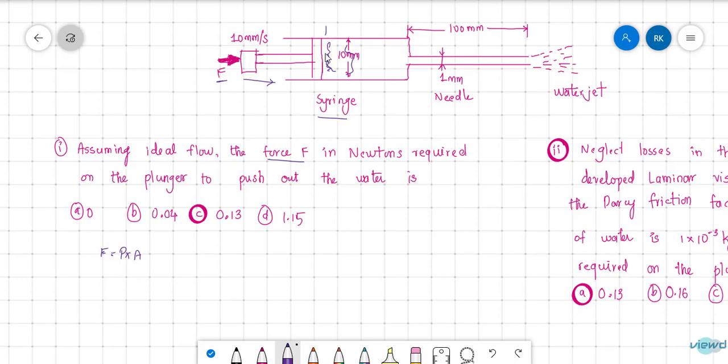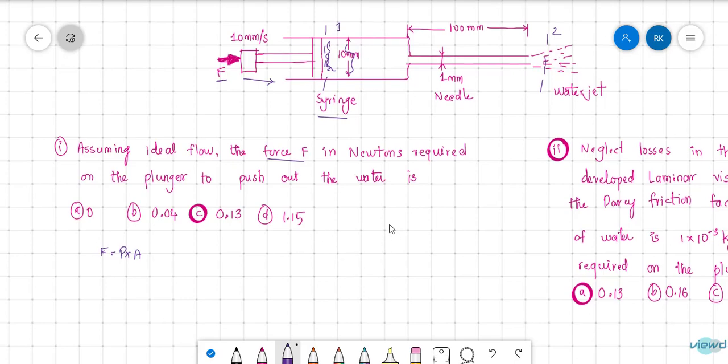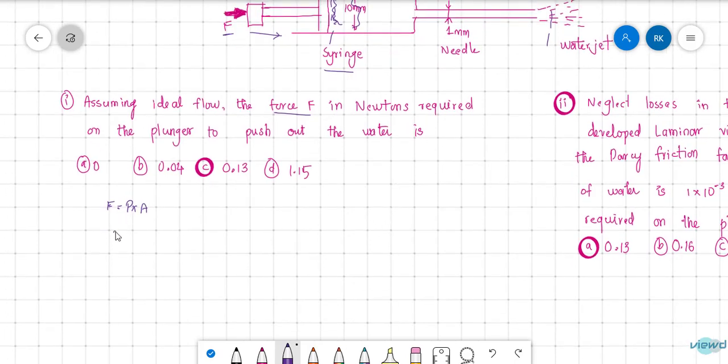So taking this as the first section and taking this atmosphere as the second section, applying Bernoulli's equation for ideal flows. For ideal flow, Bernoulli's equation is P1 by W plus V1 square by 2G plus Z1 is equal to P2 by W plus V2 square by 2G plus Z2.